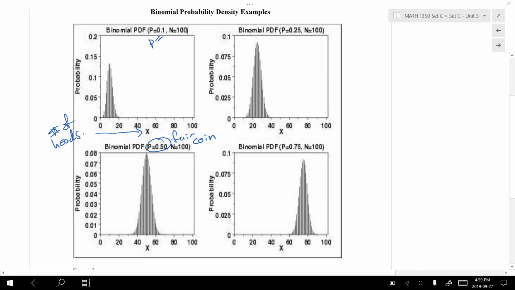So you can see with this probability of 0.1, or 10%, 10 out of 100 here is the most common option, with the options beside it also coming up sometimes. We have 25% here.